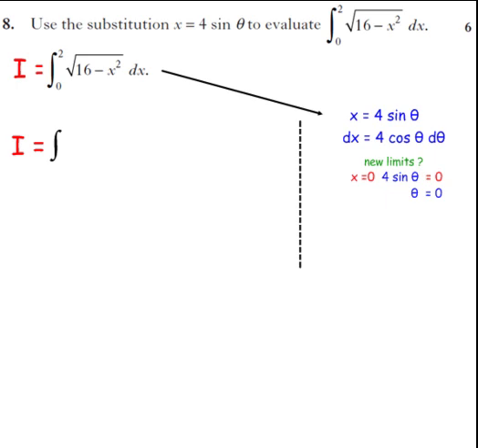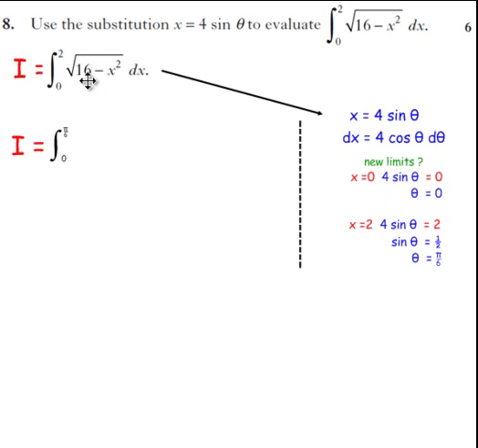When x equals 2, the upper limit, 4 sine theta is equal to 2. So sine theta is 2 over 4, which is a half. Sine theta is equal to a half. The angle whose sine is a half is pi by 6, so theta is equal to pi by 6. And this is our upper limit. So we've got our new limits.